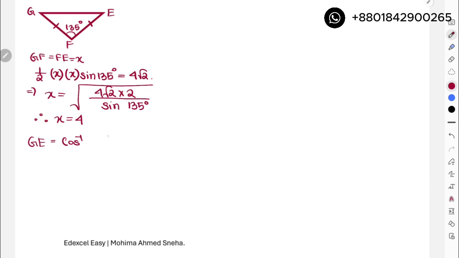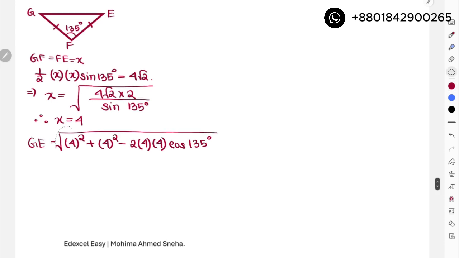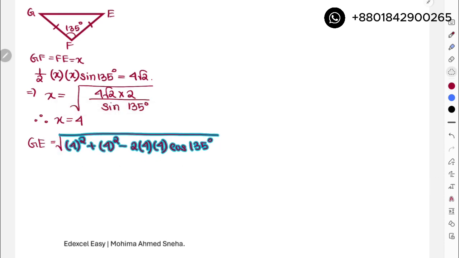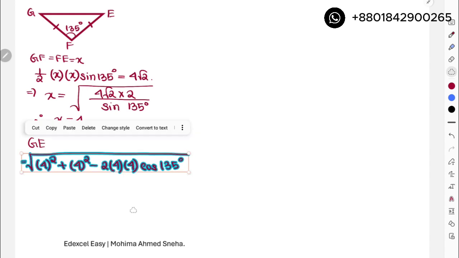Over here we're trying to find the length, so it will be 4 squared plus 4 squared minus 2 times 4 times 4 cos 135 degrees, and again everything over here is supposed to be under a square root, right? Since I won't have much space, I will just write this in this part.